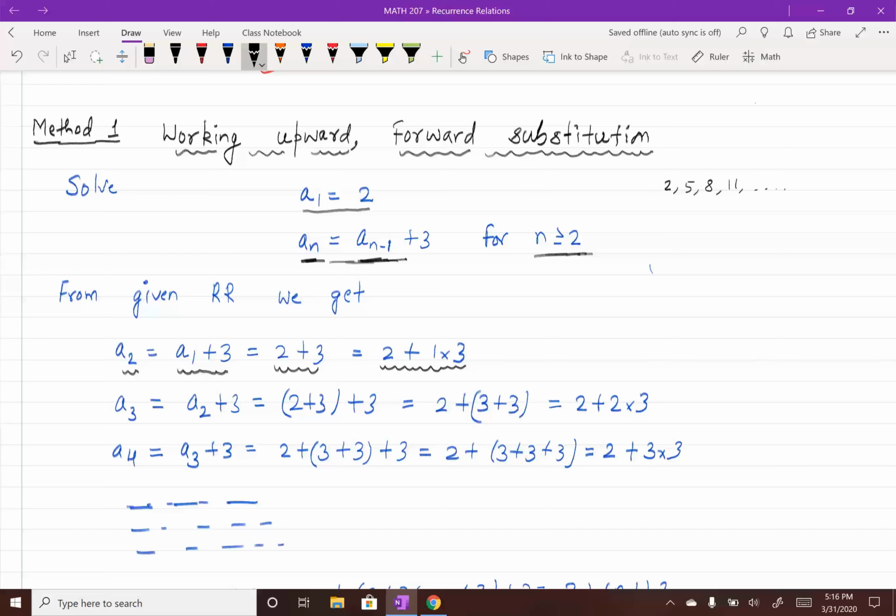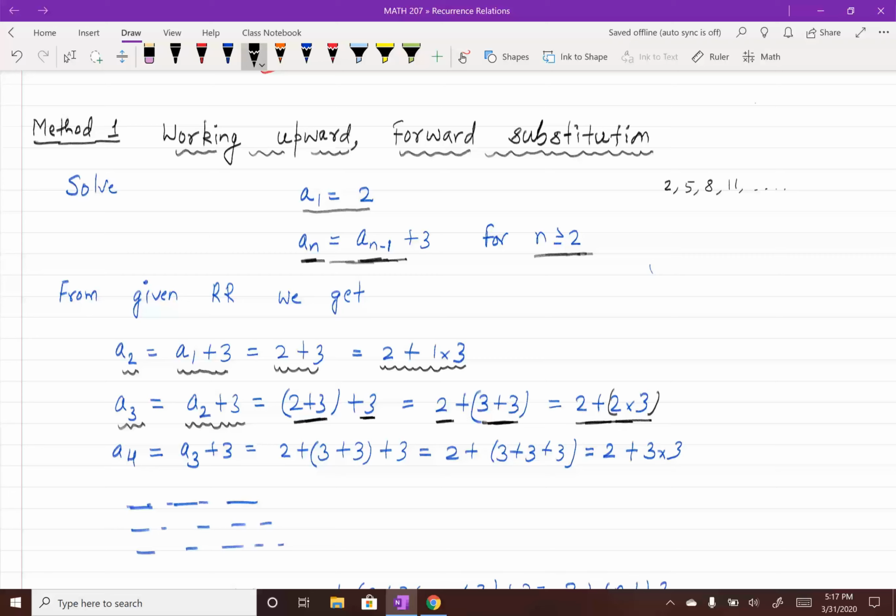Similarly, a3 can be written as a2 plus 3. a2 is already 2 plus 3, so you replace it here, and the plus 3 remains, which gives 2 plus 3 plus 3, which can be represented as 2 plus 2 times 3.